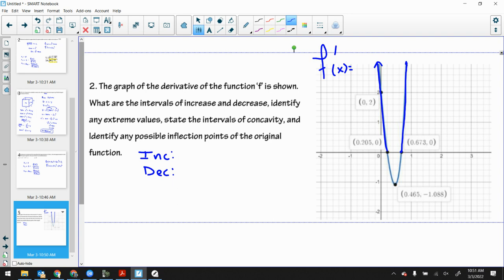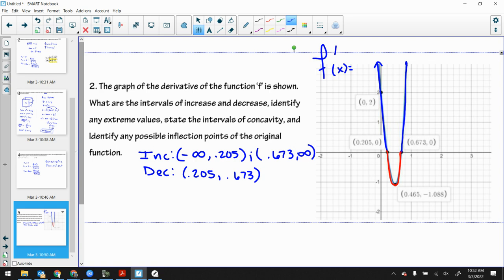So anything in blue right there is increasing on the original: from negative infinity all the way to 0.205, and then from 0.673 to infinity. That's all increasing. So what is decreasing then? Anything below the x-axis of the derivative is decreasing on the original. So from 0.205 to 0.673.